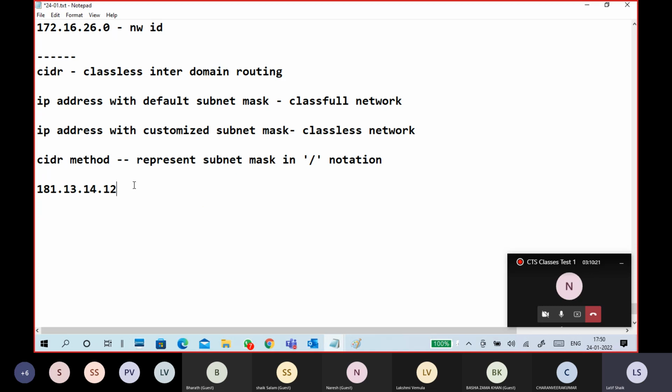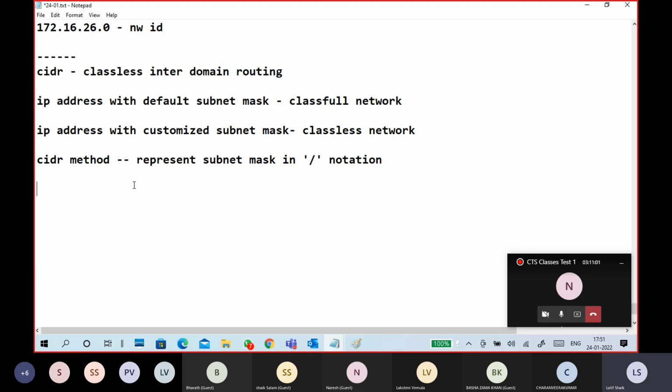We are using the default subnet mask only. If you don't mention the subnet mask while writing or telling an IP address like 181.13.14.12, and you didn't specify what subnet mask you are using, the meaning is you are using the default subnet mask, a classful network only.